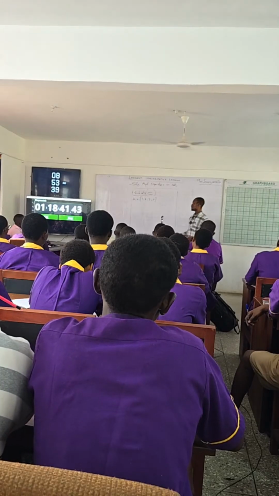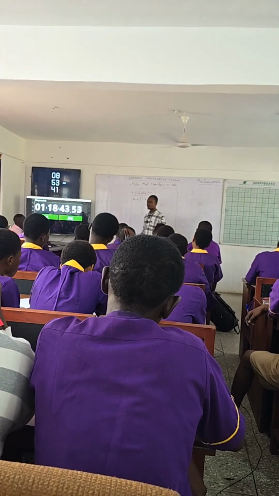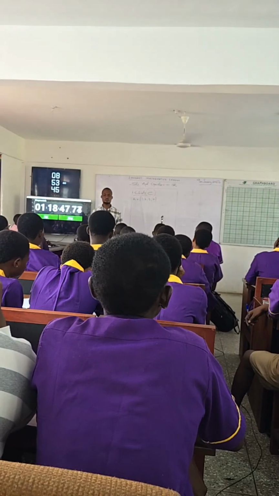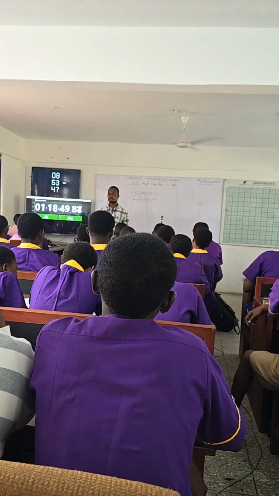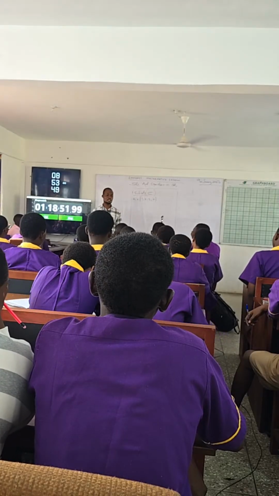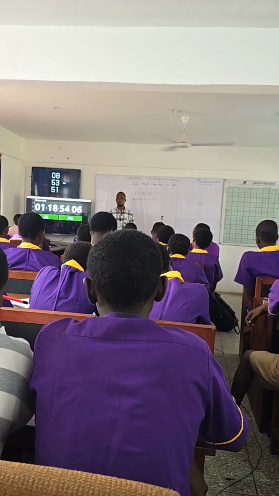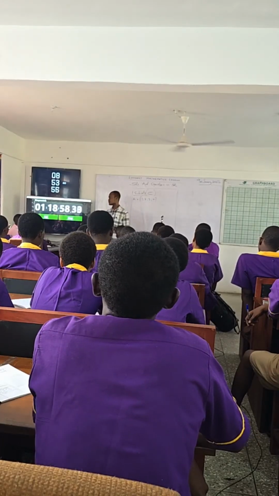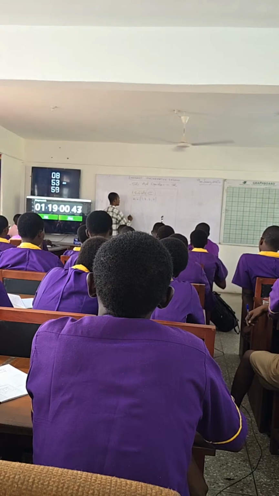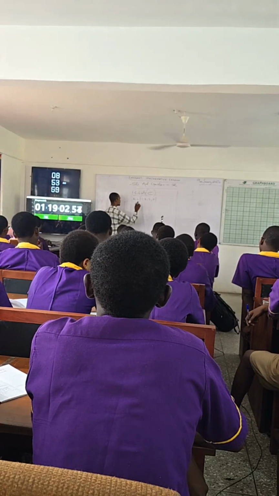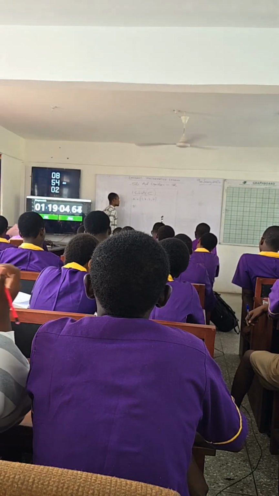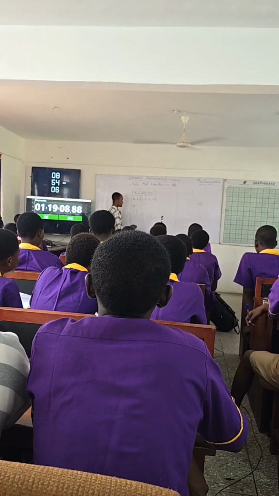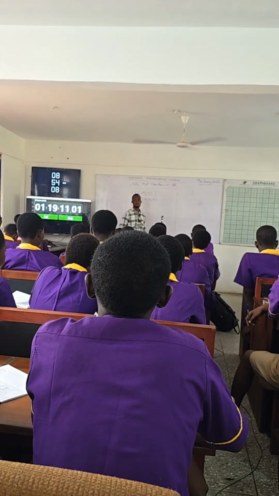So if a given set like this has been given to you and they ask you to list all the possible subsets from this given set, you always have to start from the null set or empty set. So you are going to list all the subsets. Starting with empty brackets talks about the null set.